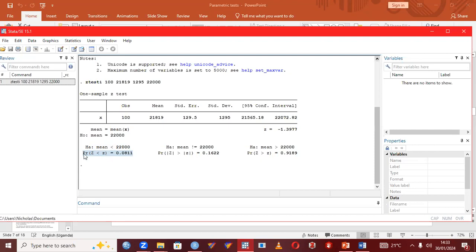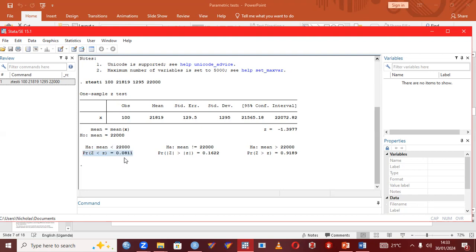So if you look at this value, it is 0.008118. And it's greater than the level of significance, which is 0.05. Is that okay? And we said that when the p-value is less than 0.05, what do we do?